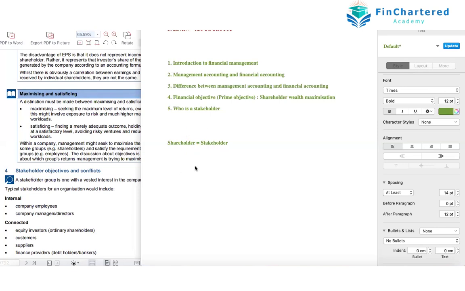Stakeholder, I'll just explain this to you in one word. Stakeholder is anybody. Shareholder is the owner. Is it the same, anybody and owner?